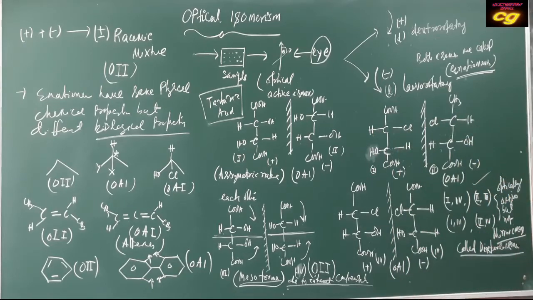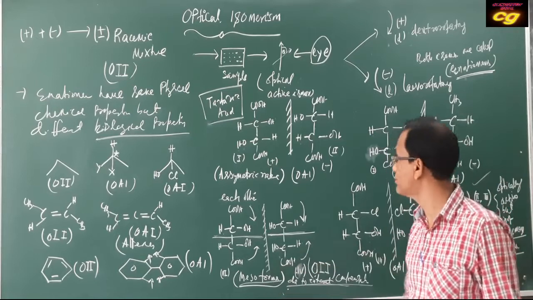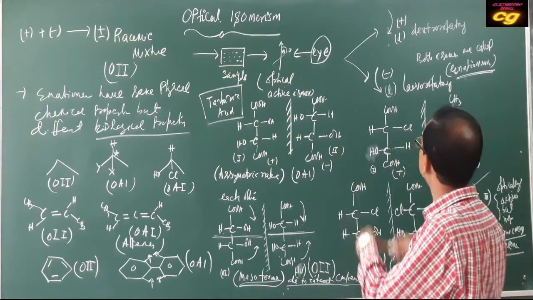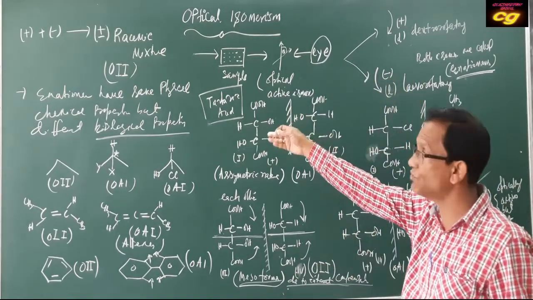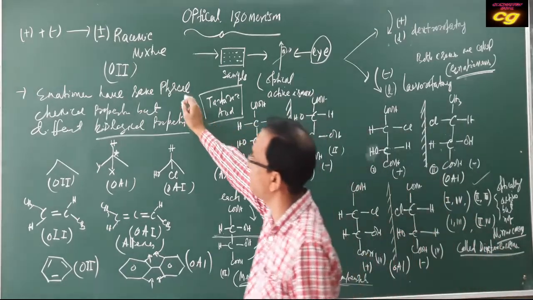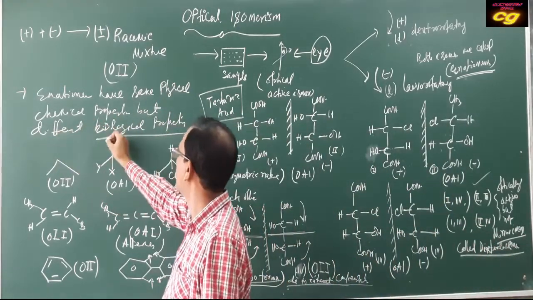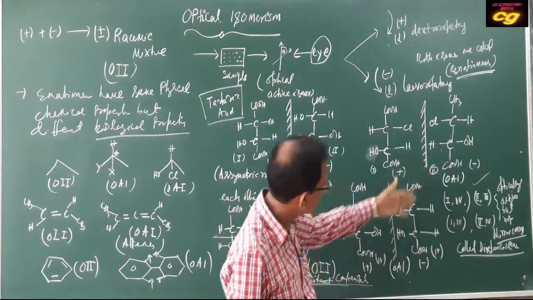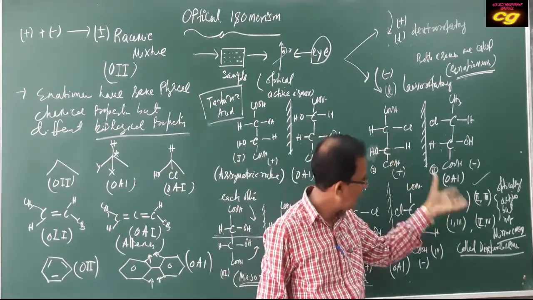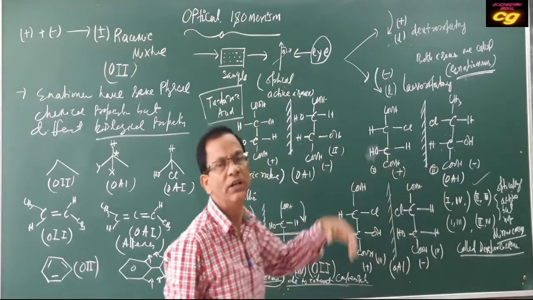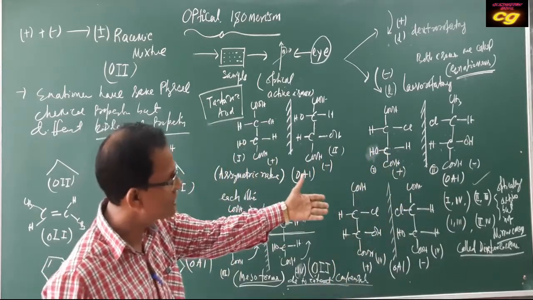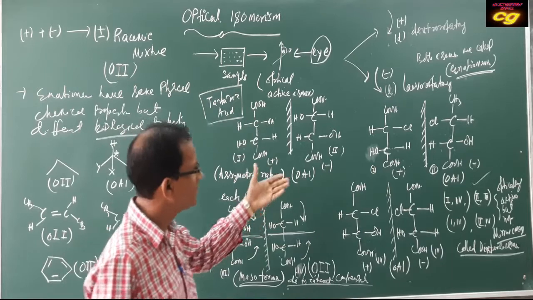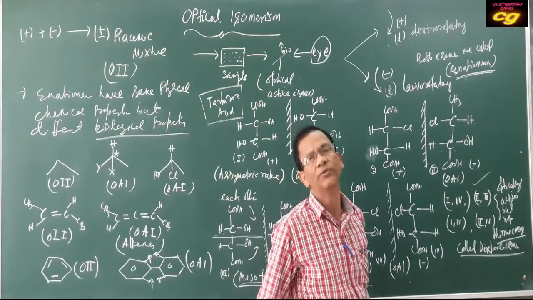Optically inactive isomers, what are diastereoisomers, what are mesomers, what are the properties of enantiomers. Enantiomers have the same physical and chemical properties but different biological properties. And diastereoisomers, they have different melting and boiling points, and their chemical properties are also different.